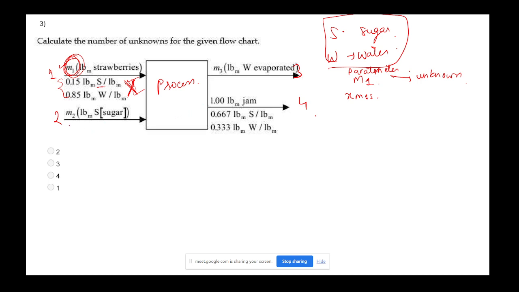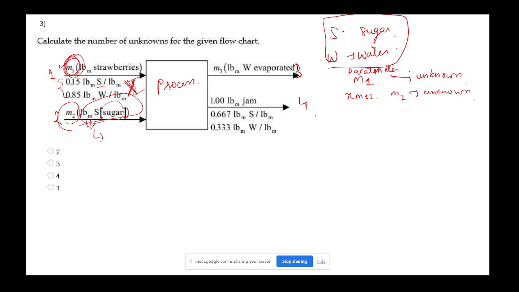Second is the moles of sugar that you are feeding to the stream. Now it is just the moles of sugar. So it means that moles of sugar you obviously don't know, so M2 is also unknown. But what does this signify? There is some hidden line behind this. So it is just pure sugar crystals you are providing.